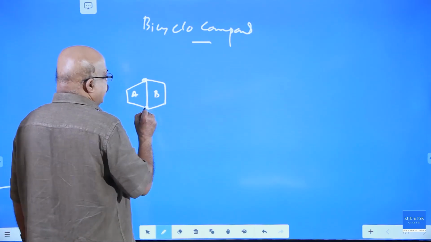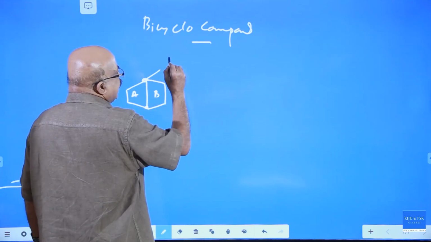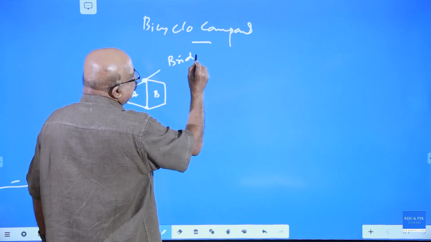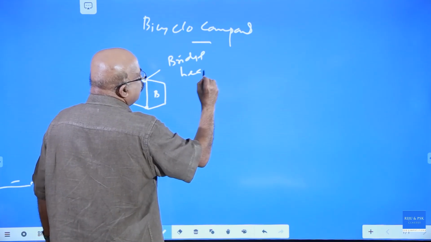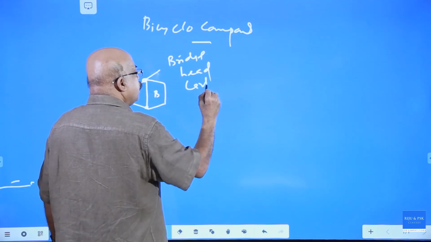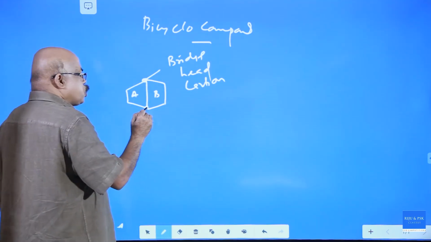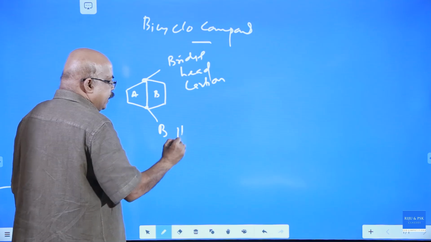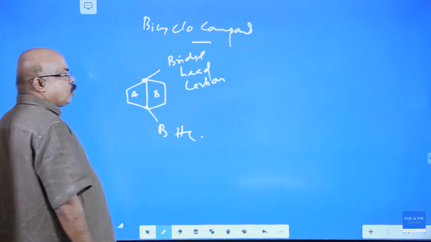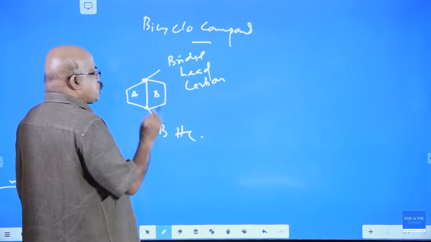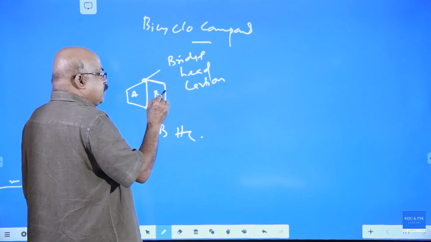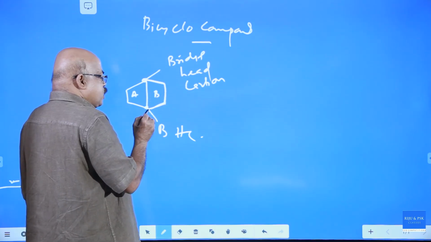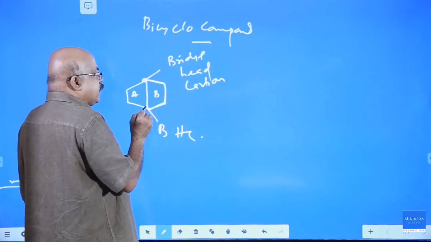This common carbon is called a bridgehead carbon. This is also a bridgehead carbon. All right. This is a carbon chain which is connected to the bridgehead carbon.